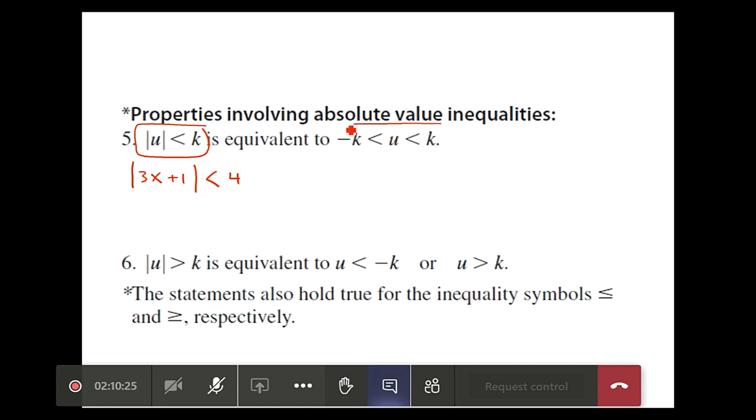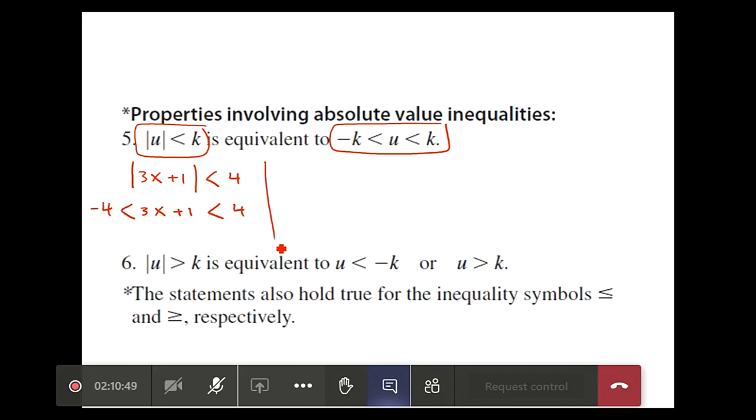Remove the absolute value and put it in this form: u between negative k and k. So put the 3x plus 1 without absolute value, between 4 and negative 4.